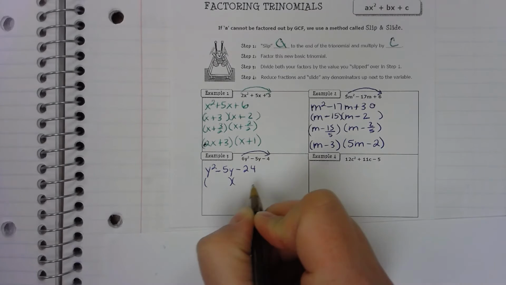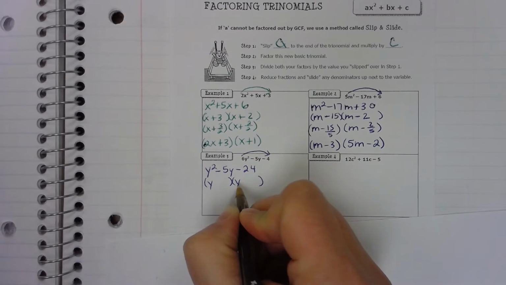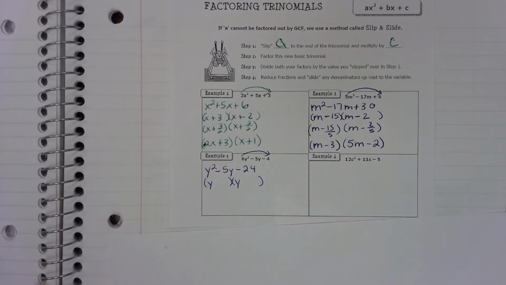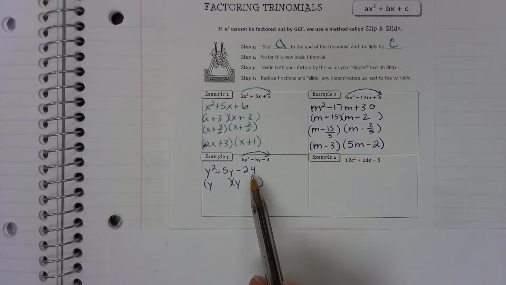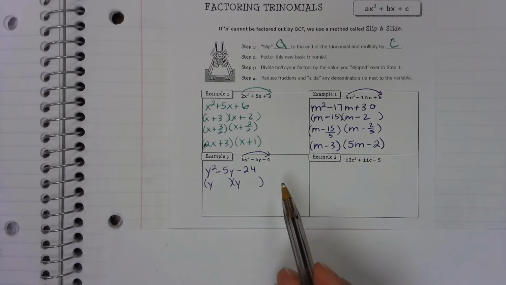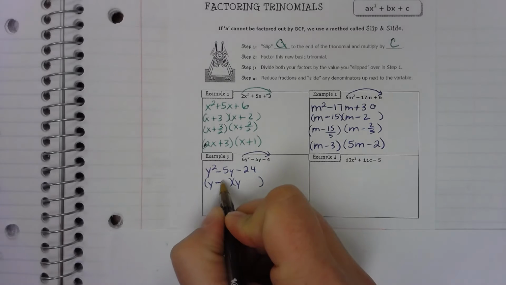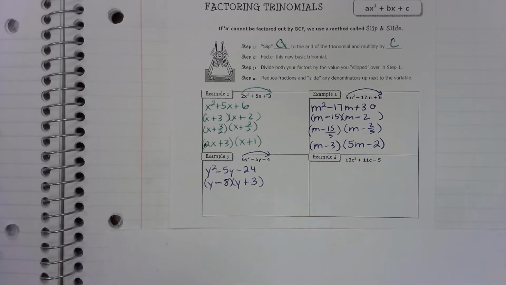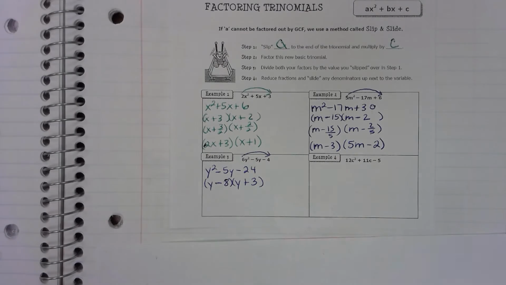What are my two factors of -24 that add up to -5? Well, if I think about the fact that 24 is 6 and 4, which would either give me a 10 or a 2, or 8 and 3. And if I have a negative 8 and a positive 3, then I end up with what I'm looking for.